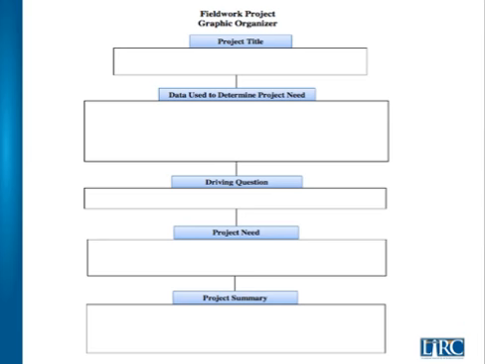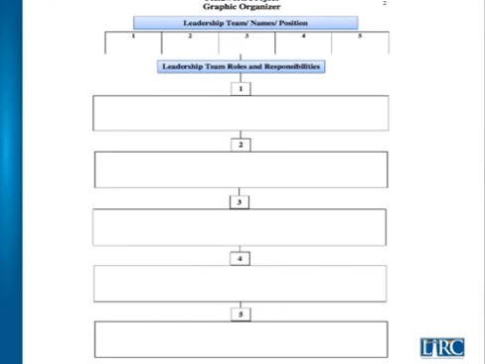All right, the second page of the graphic organizer asks for your leadership team, their names, their positions, and their roles and responsibilities. This is key information. The Preliminary Admin Services Credential Program is all about preparing you to lead adults.